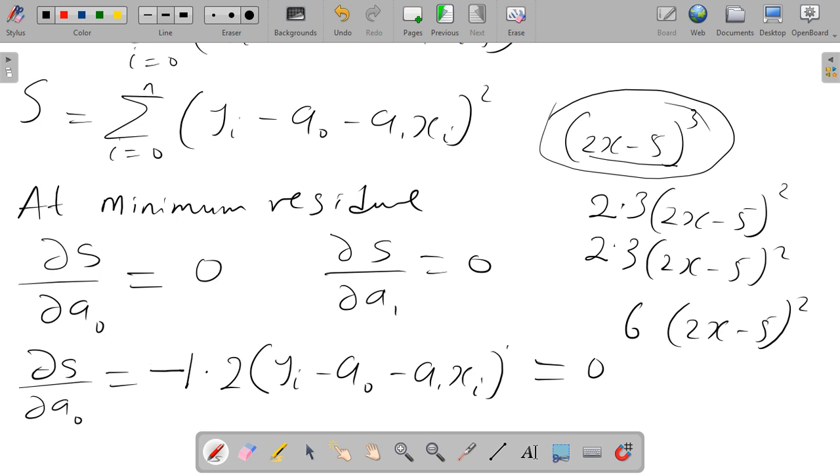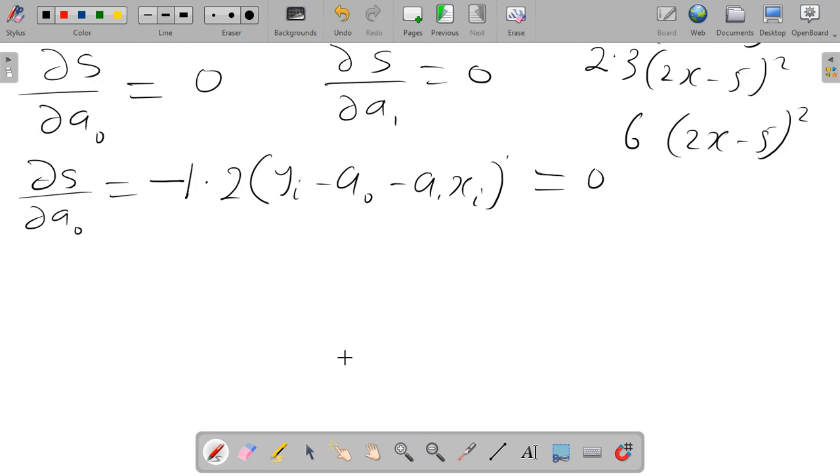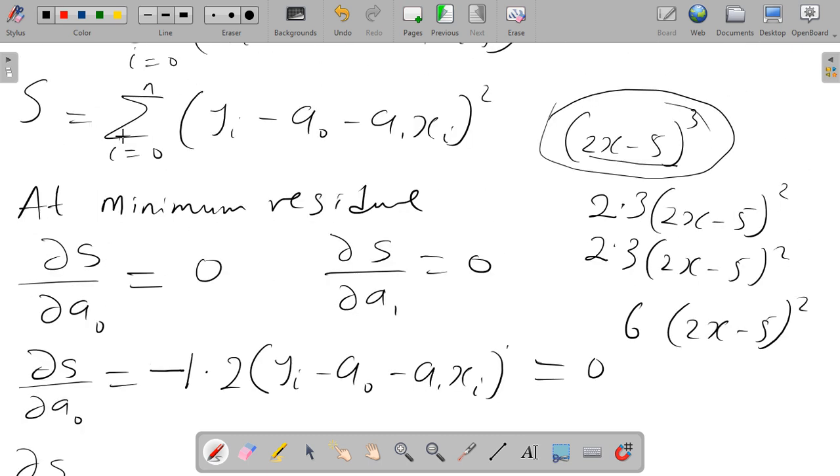So now, this means that our partial s over partial a naught will now be equal to, sorry, I forgot the summation that is here. It's supposed to be summation here. You know that we can bring the constant outside, so there should be summation before all these.